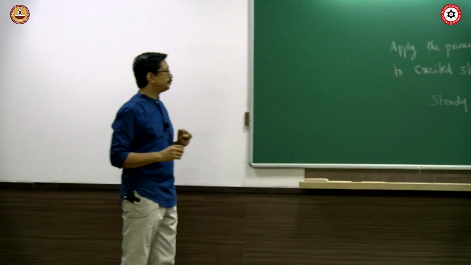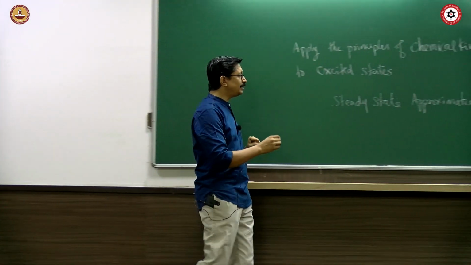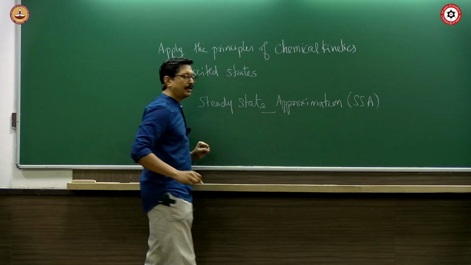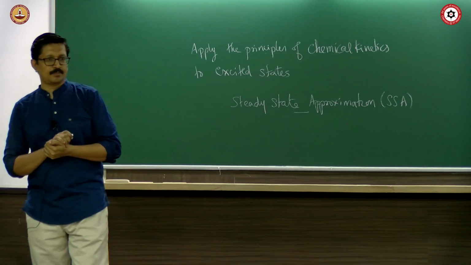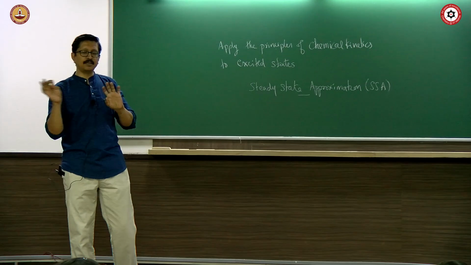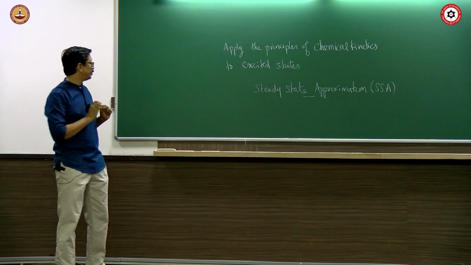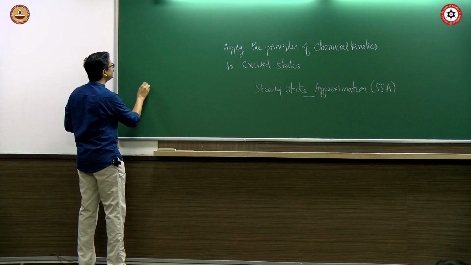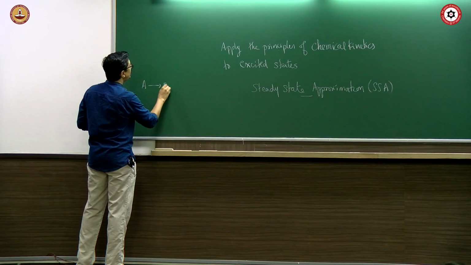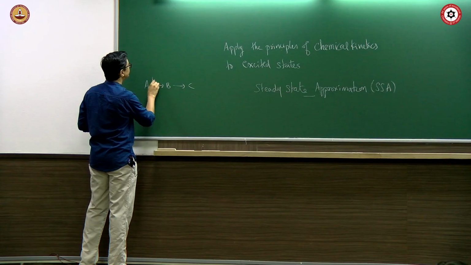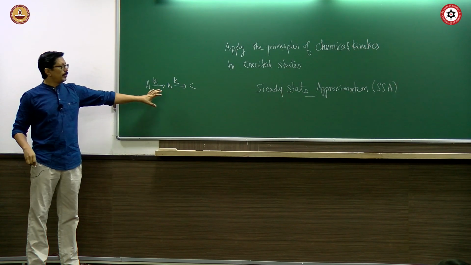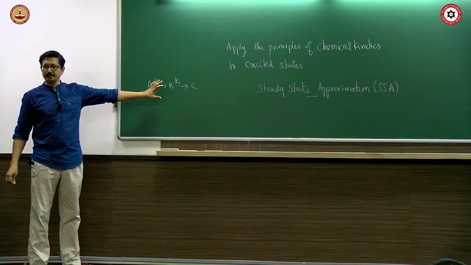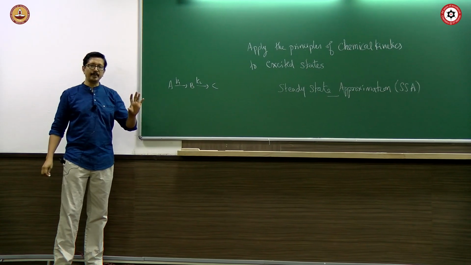Why do you think this steady state approximation is important? Let us take a system and then apply steady state approximation, then we will see. Just a general system. Say A goes to B, goes to C. We are going to apply steady state approximation considering B as an intermediate.